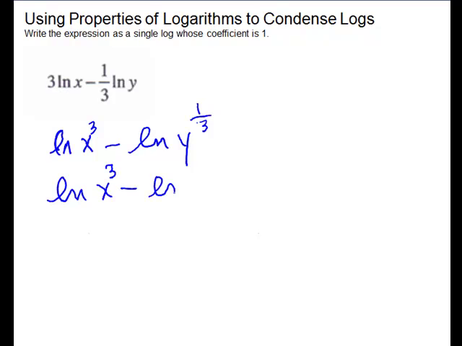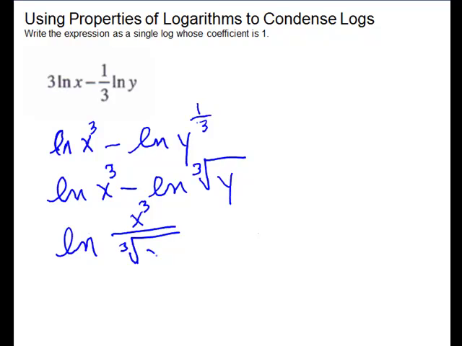So this will be the natural log of the cube root of y. And now we have a difference of logs. So we can condense that back to the quotient. So keep your natural log of x cubed over cube root of y.